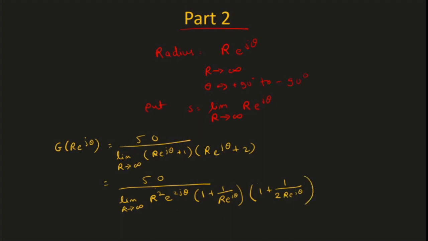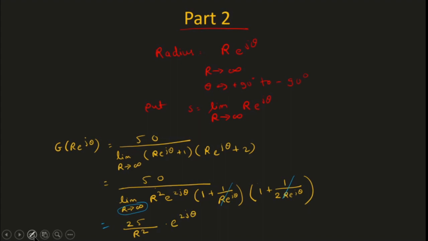So if we put r equal to infinity in this term, if we apply the limit, then this term will vanish to 0 and we will be left with 25 upon r square into e raised to 2 times j theta.